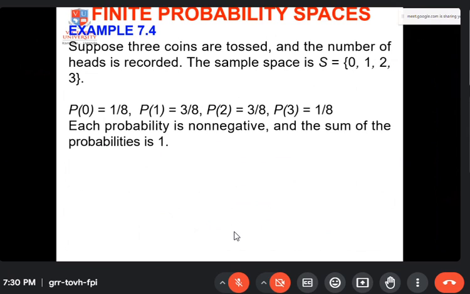Then the probability of having 1 head. How many possibilities do we have where we have 1 head? Can you mention them?